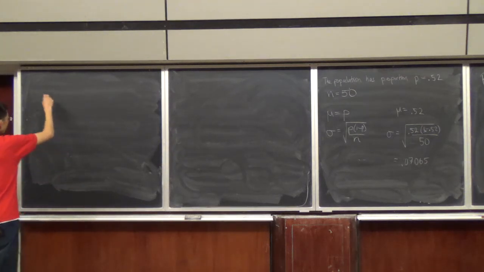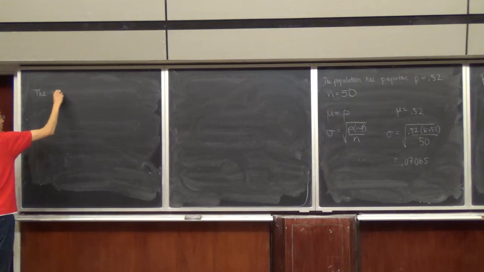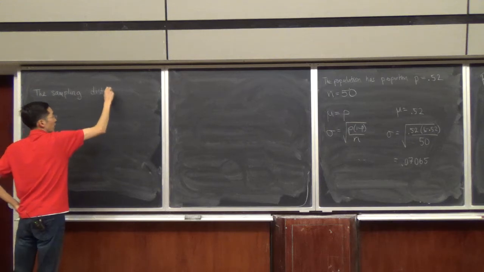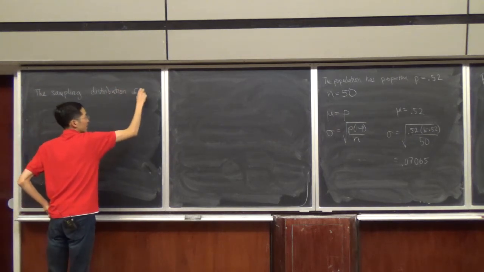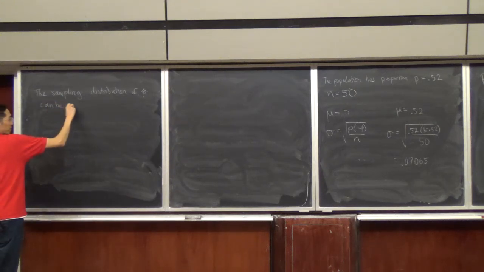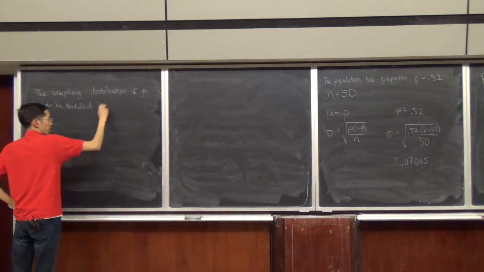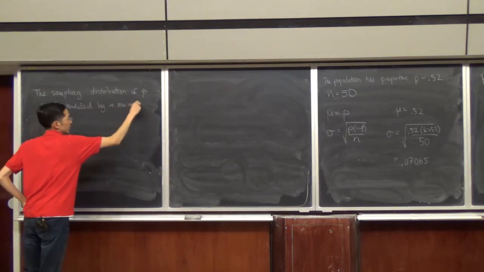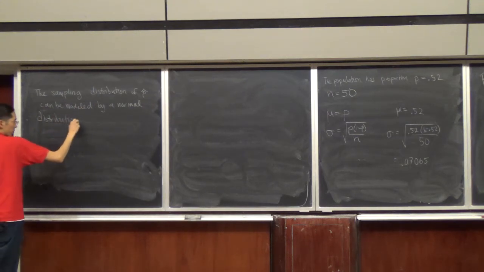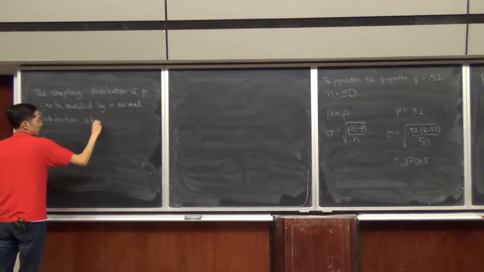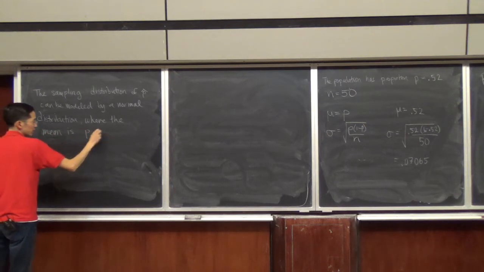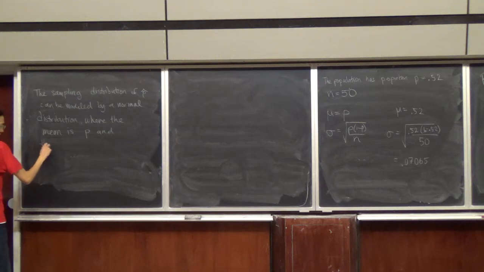Okay, so again, we're talking about the sampling distribution of p hat, which can be modeled by a normal distribution where the mean is p and the standard deviation is given by the formula.